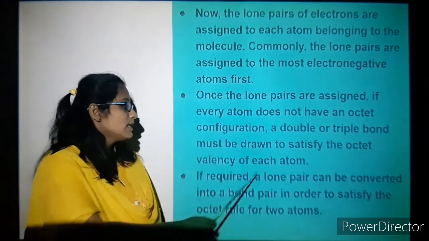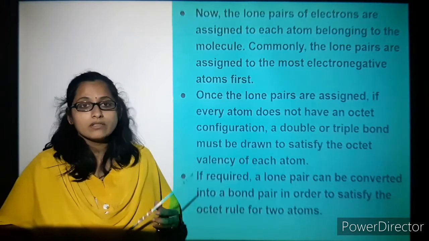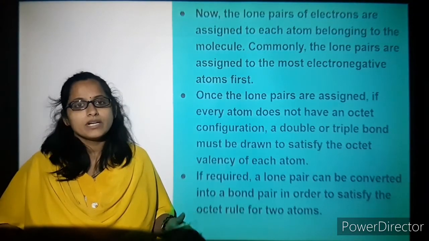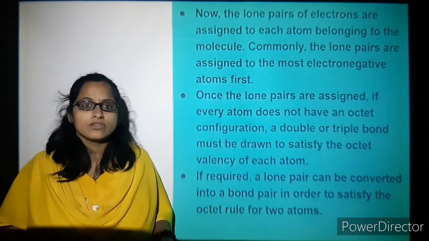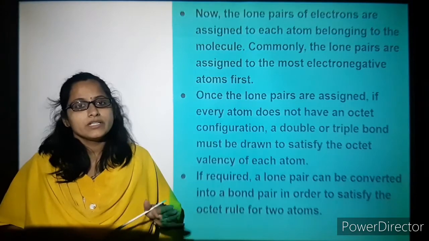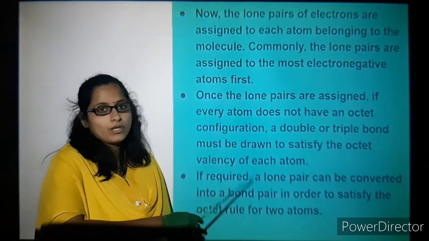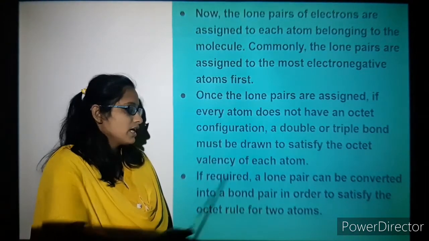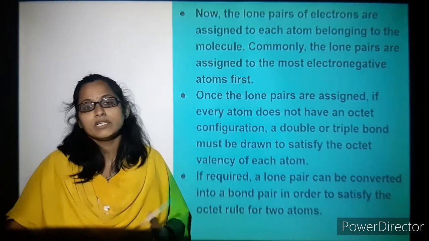If required, a lone pair, a pair meaning 2, can be converted. When lone pairs do not reach the valency of the octet configuration, they can be converted into a double bond or triple bond. If required, a lone pair can be converted into a bond pair in order to satisfy the octet rule for two different atoms.